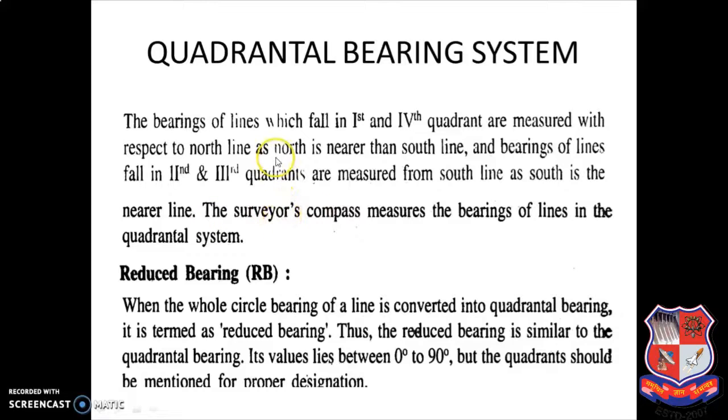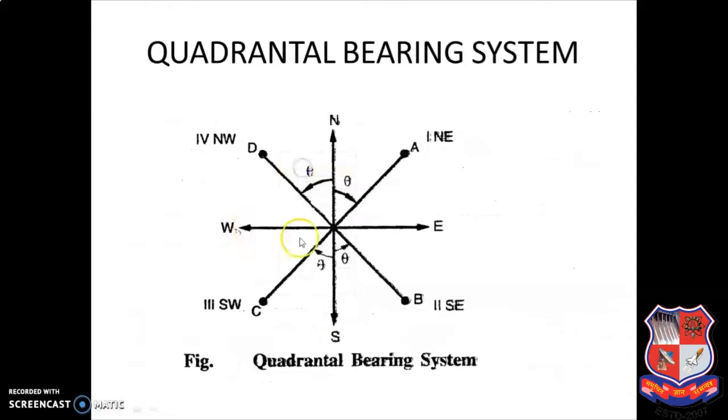Here you can see your survey line OA and survey line OD both are approaching towards the north pole. And here survey line OB and survey line OC both are approaching toward the south pole.